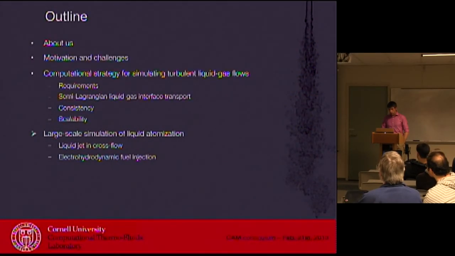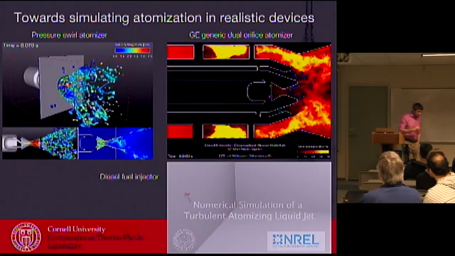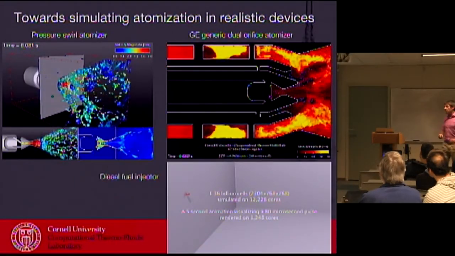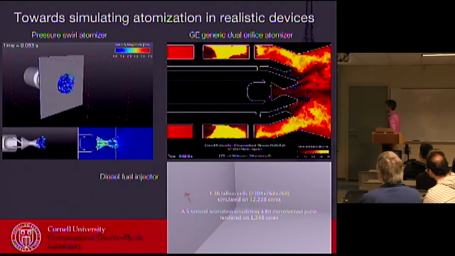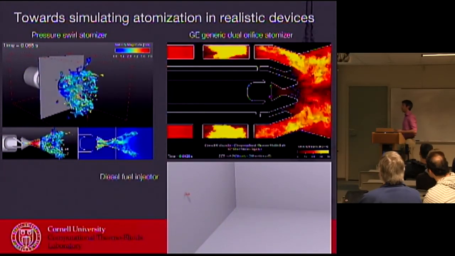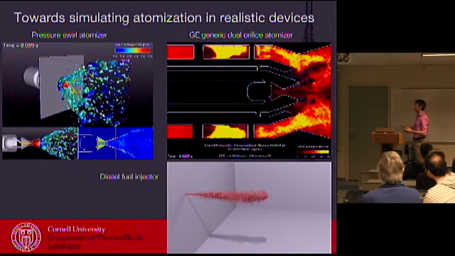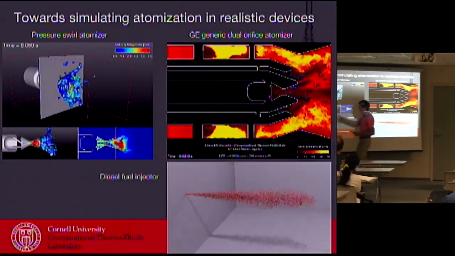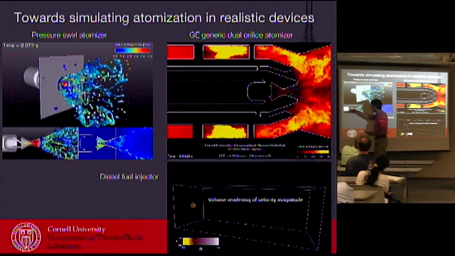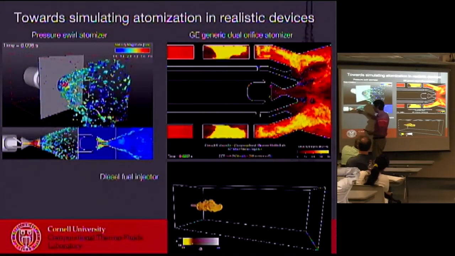All right, now I'll basically show you two main applications. But the idea is we can use all this to look at a number of different flows that are relevant to a number of different energy systems. This is, for example, a pressure swirl atomizer. We're looking here at a liquid injection through inclined pipes that force the flow to swirl very strongly.